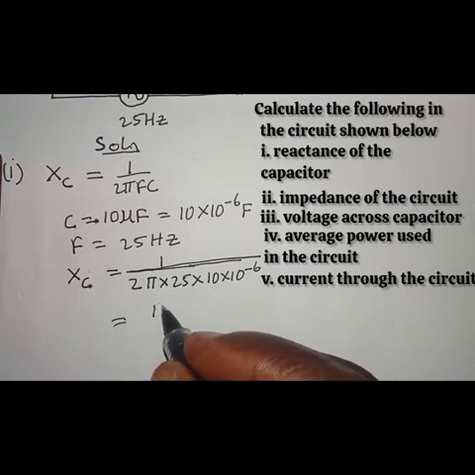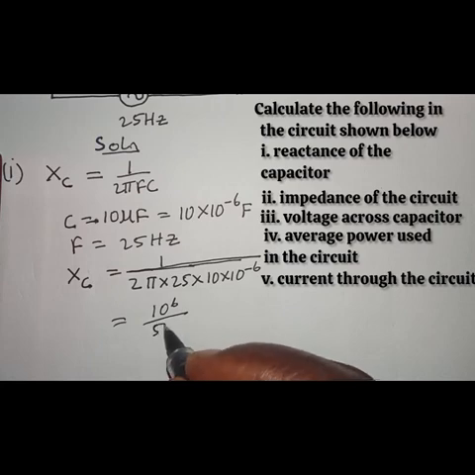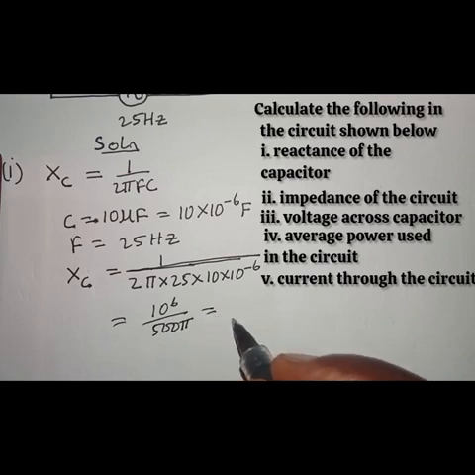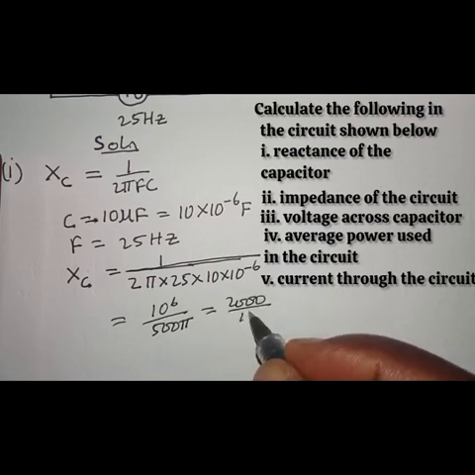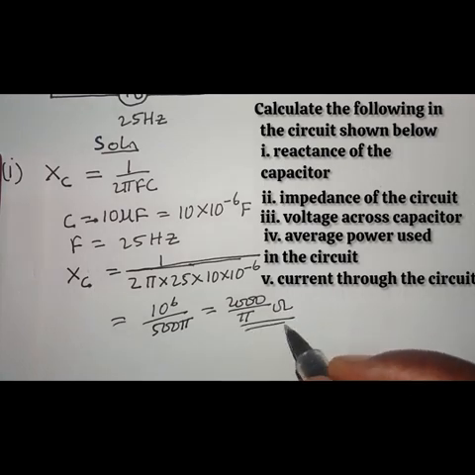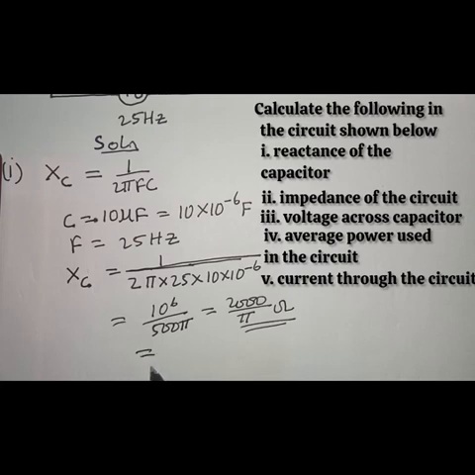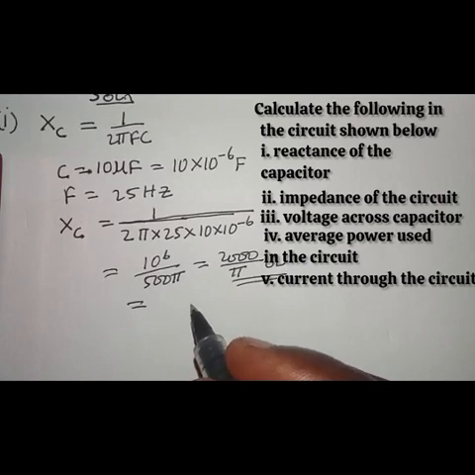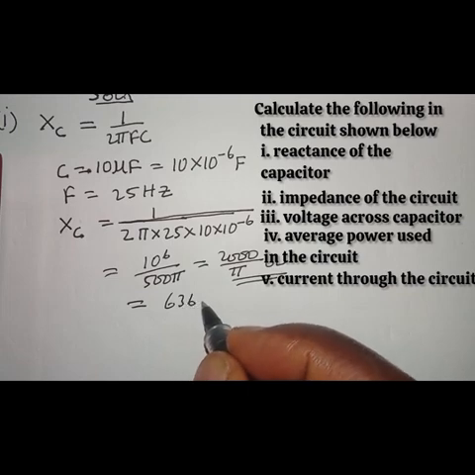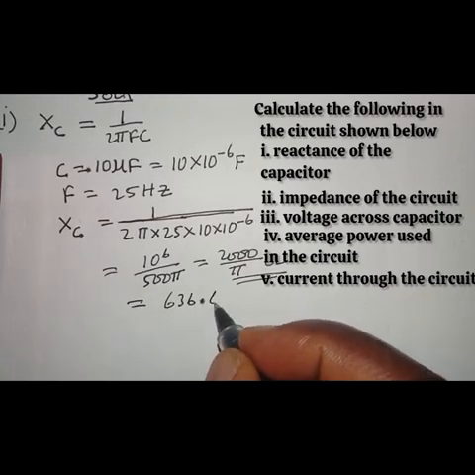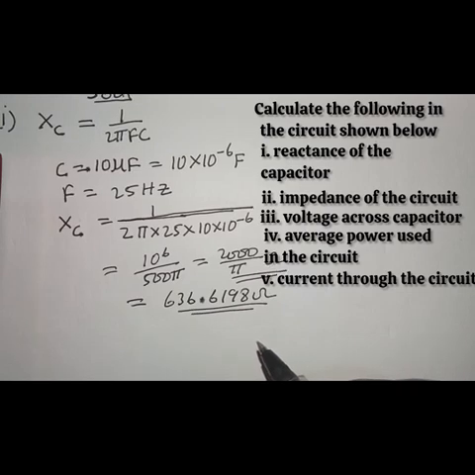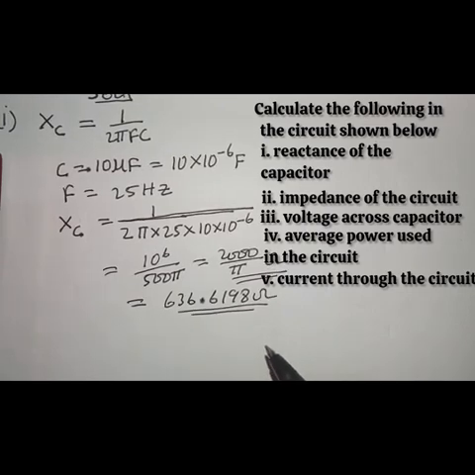So we have 10 raised to power 6 over 500 pi. And if 500 divides 1 million, that's 10 raised to power 6, we have 2000 over pi, of course in ohms. So our capacitive reactance is 2000 over pi in ohms, which in decimal form is 636.6198 ohms. That's what you're going to get in decimal form. Okay, that's the first thing we are asked to calculate.